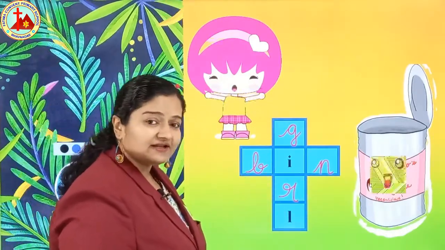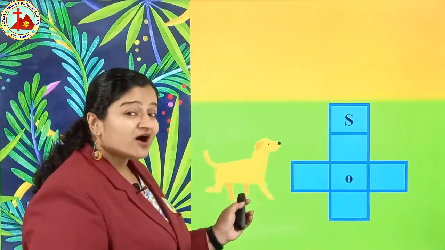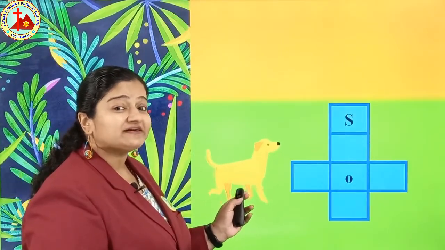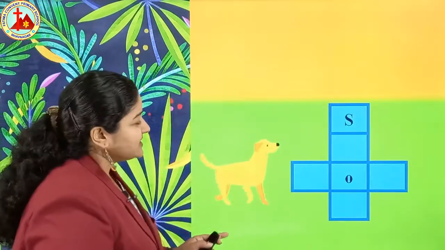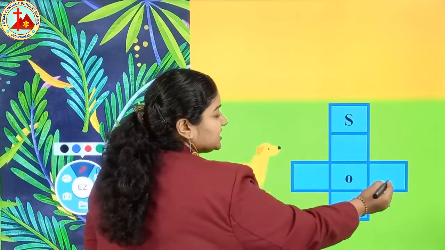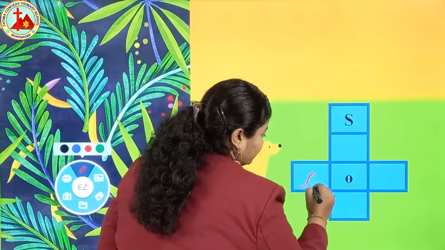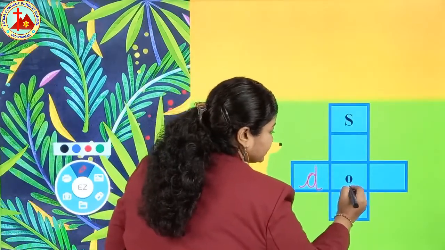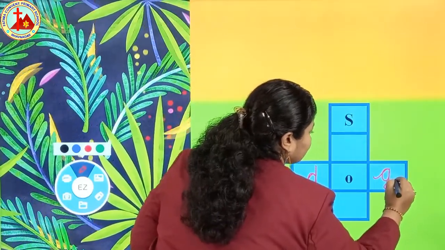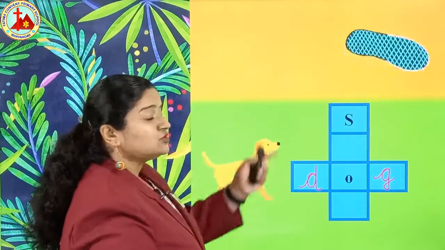Let's go ahead. Next one is the picture of a dog. D. Which letter sound is D? D. Then we will write dog spelling like this. D-O-G, dog. Come on, write. D, O is written. And you have to write G. D-O-G, dog. And another picture is shoe.